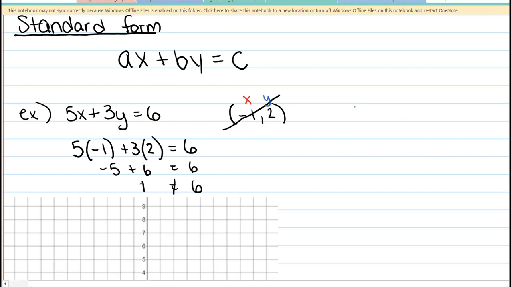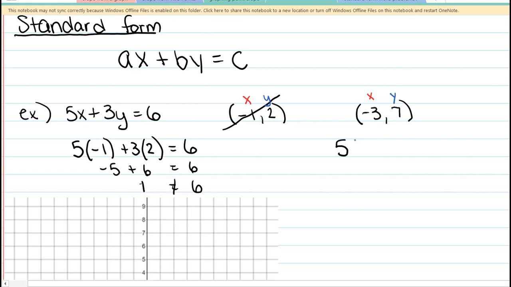However, if I give you -3, 7, I know x is -3 and y is 7, and I'm going to plug these into the equation.